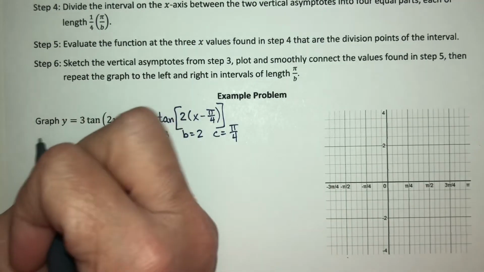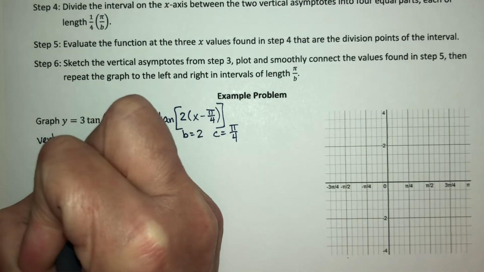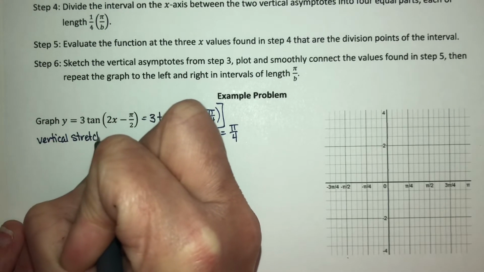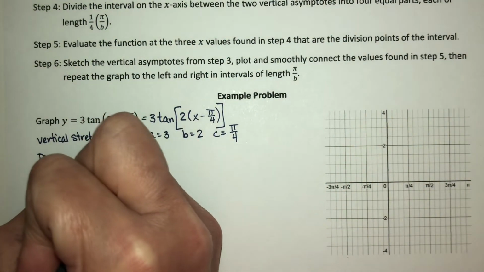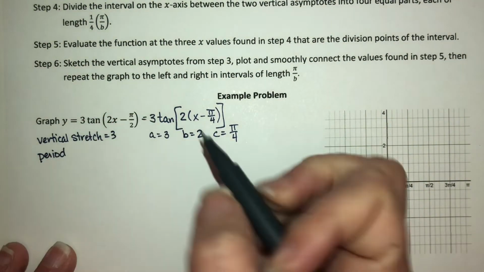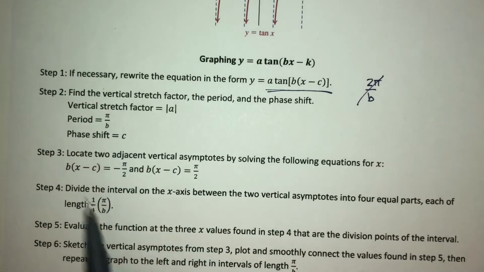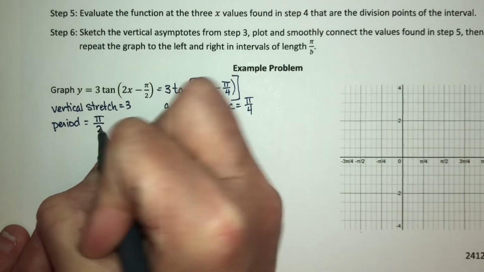Okay, so our vertical stretch factor is 3. Now for the period, that is pi over b. So our period here is pi over 2.